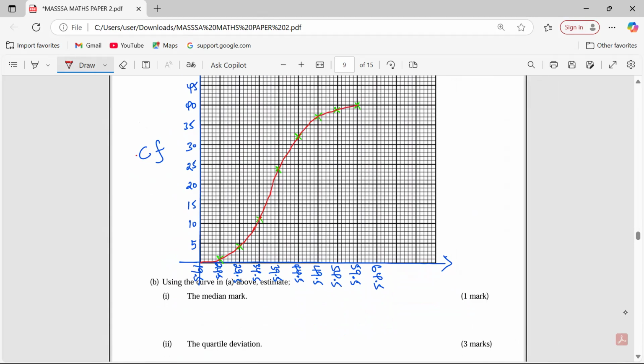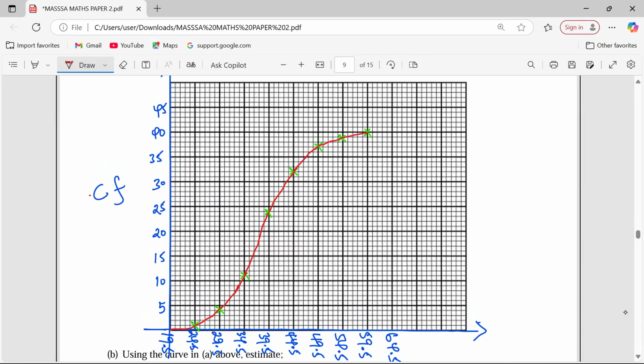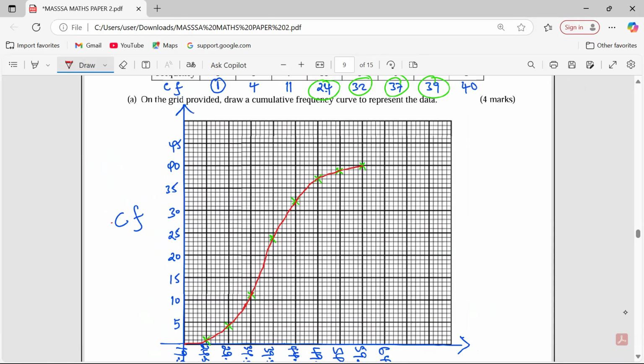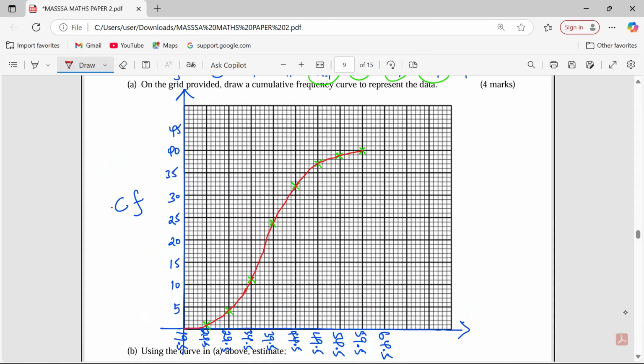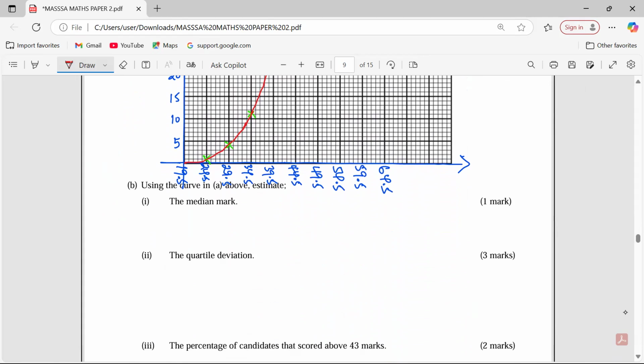Yeah, that way. So now we have the OGIVE at this point, a very smooth curve. I hope that you, from wherever you are, given this data, will be able to come up with a very smooth curve, as you can see mine. Now from this OGIVE, we are advised to use the curve to estimate the median.